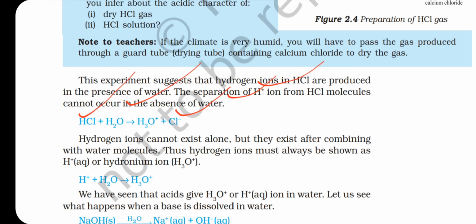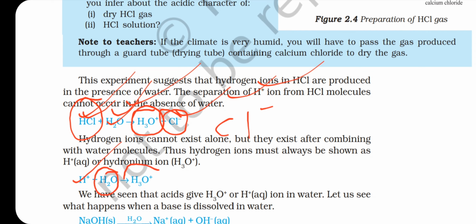When HCl, which is an acid, reacts with water, H3O+ is released along with the chloride ion, that is the anion, and the positive ion here is the hydronium ion. So the H+ ion from the HCl, when added to water, forms the hydronium ion, that is H3O+.